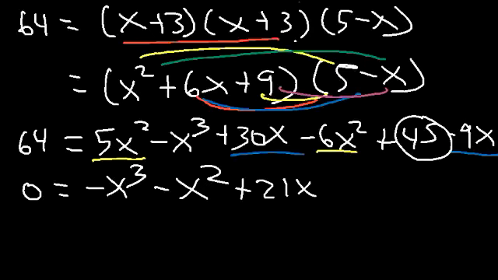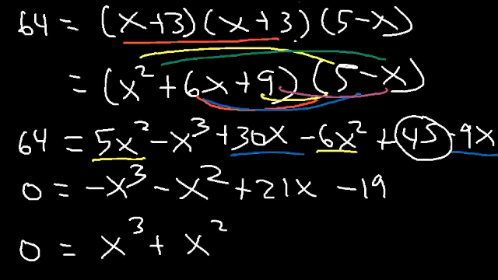But let me just double check. So this is negative 19. Now let's multiply both sides by negative 1. So this is x cubed plus x squared, and then minus 21x plus 19.